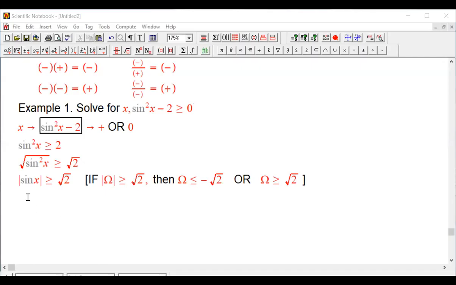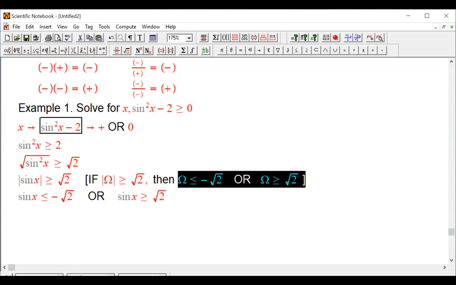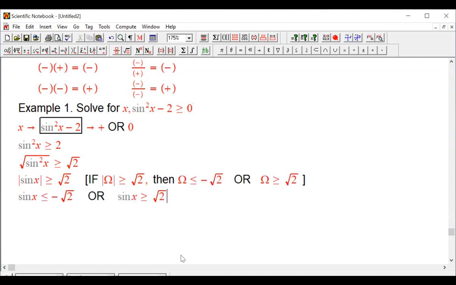So here sine x will be less than or equal to negative √2, or sine x is larger than or equal to √2. These are the two models we get into. So we have 2 inequalities, and then we're going to solve for x from here.